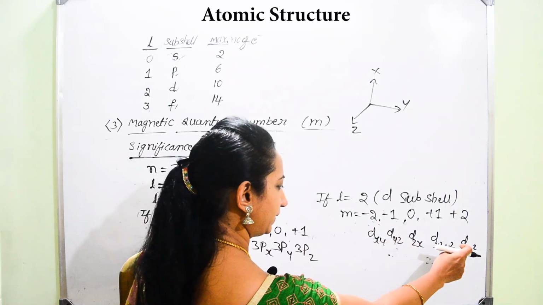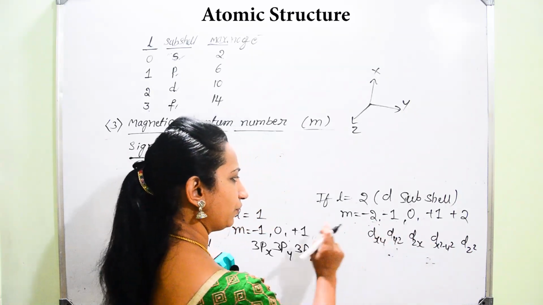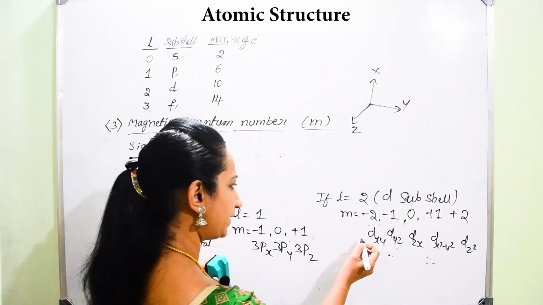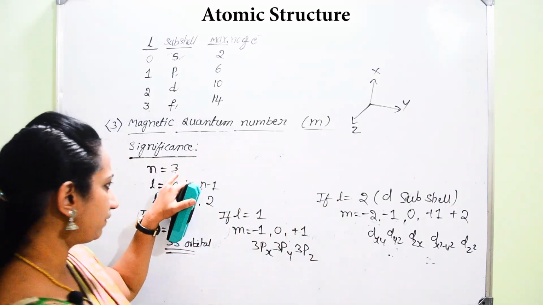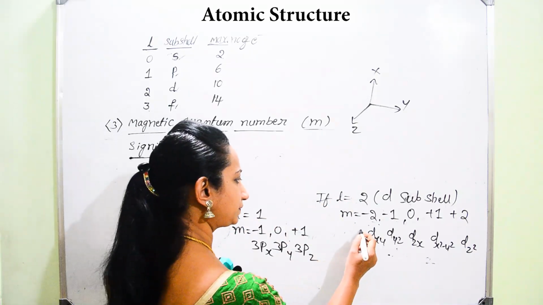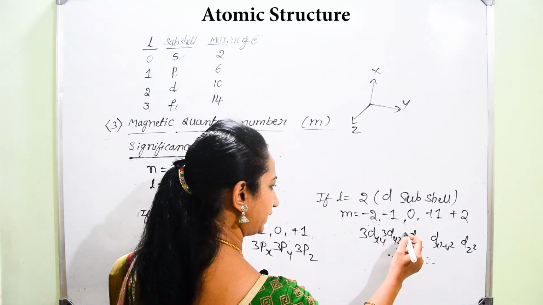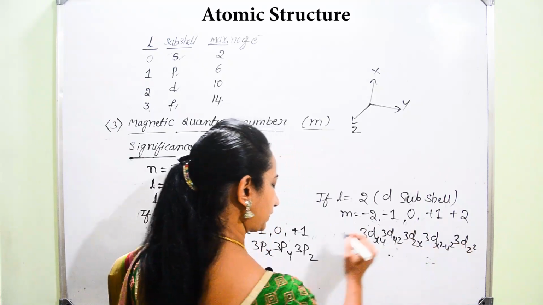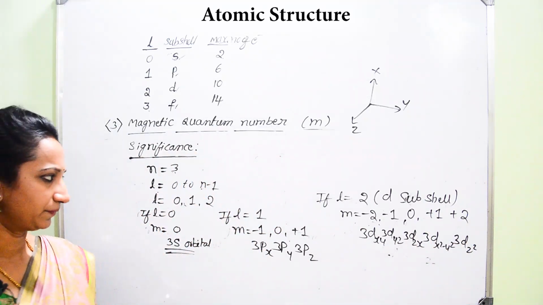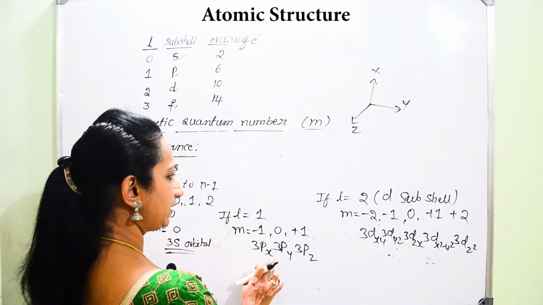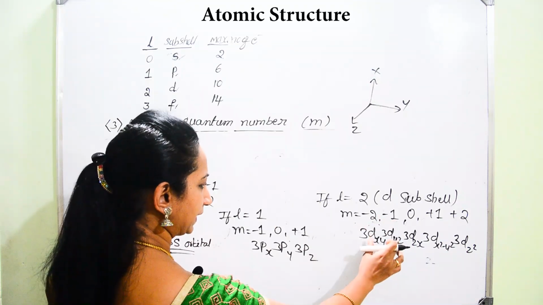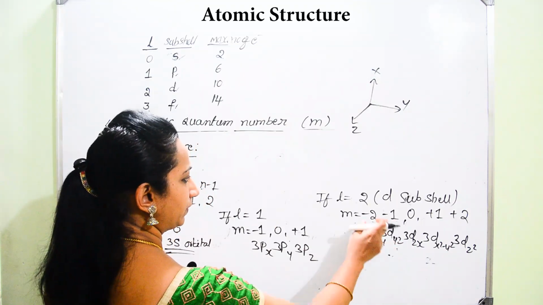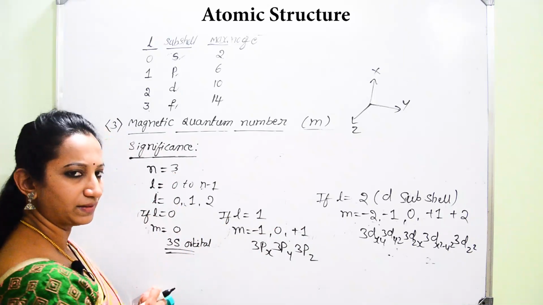Now, how many orbitals are there? 1, 2, 3, 4, 5. And here we can mention the energy level: 3dxy, 3dyz, 3dzx, 3dx square minus y square and 3dz square. This is how we can easily calculate the magnetic quantum number with the help of the azimuthal quantum number.